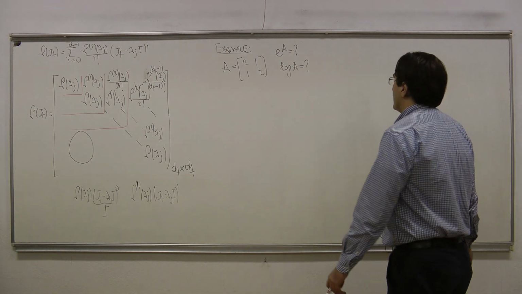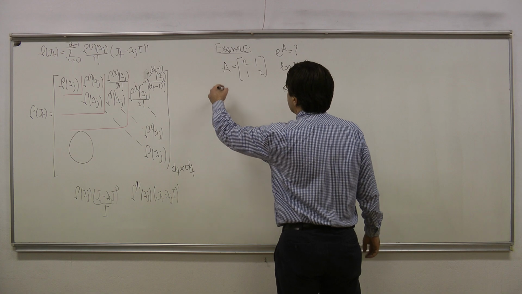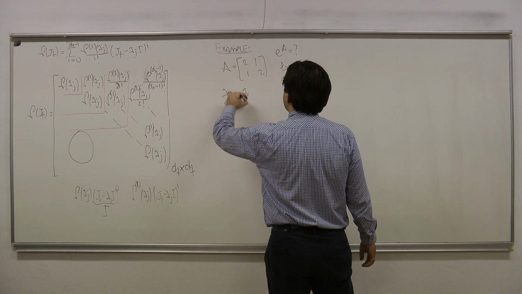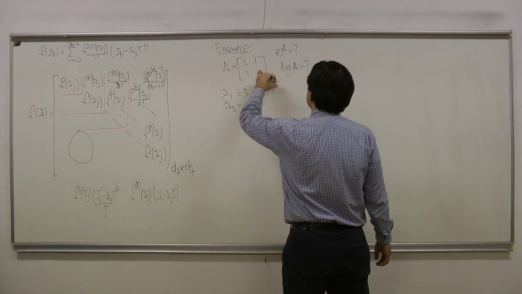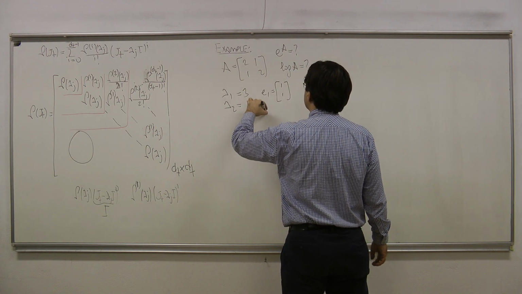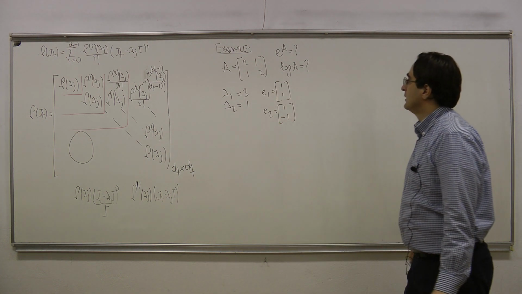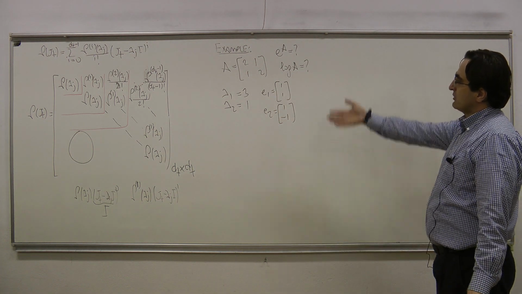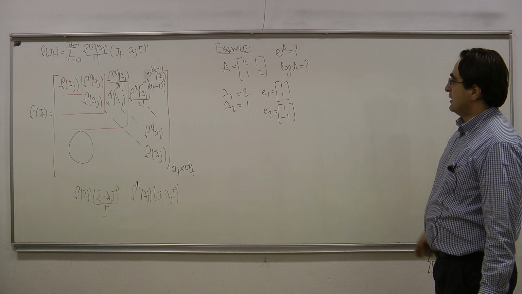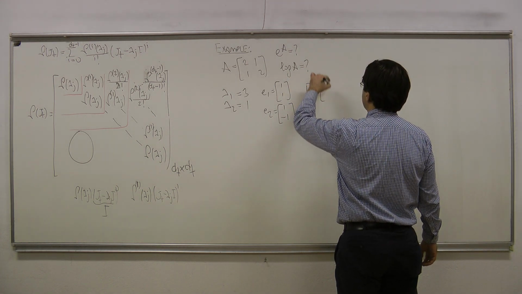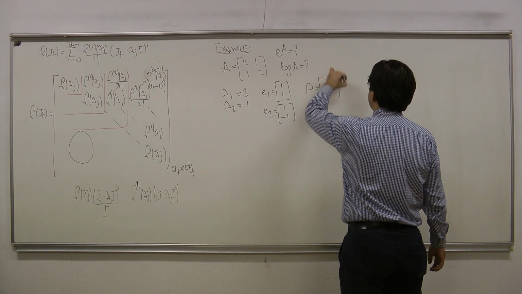So here I know that in this case the eigenvalues of this matrix are 3 and 1, and the eigenvectors are (1, 1) and (1, -1). Okay? So this is a Hermitian matrix, and that means that I can form my P matrix out of the eigenvectors (1, 1) and (1, -1).